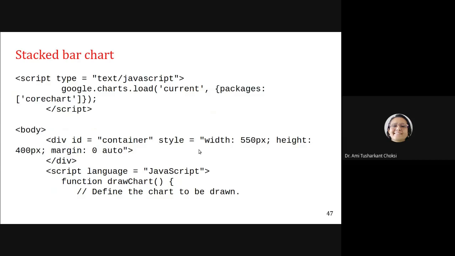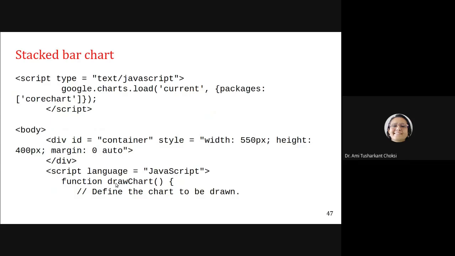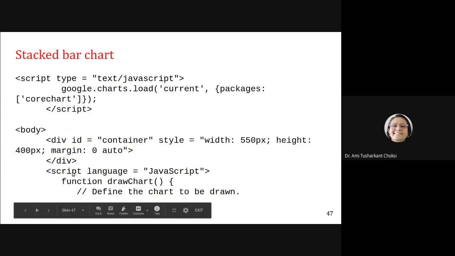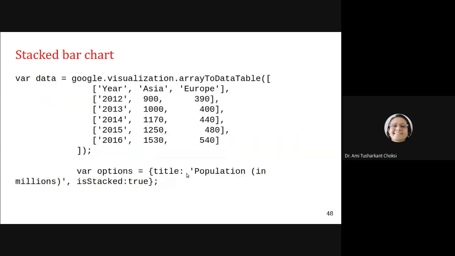These are the styles we are specifying for this div id. Okay, now we are having the chart function, that is our drawChart function. That is also JavaScript, so we need to specify it as script language is equal to JavaScript, or the standard style, that is text/javascript. Both ways you can write, it is known to you.